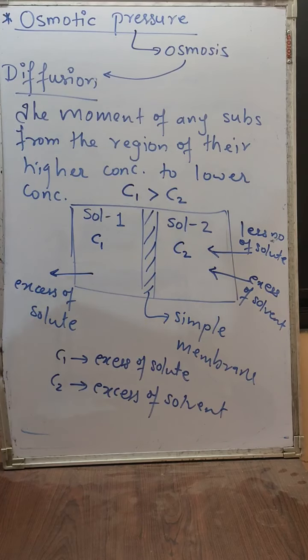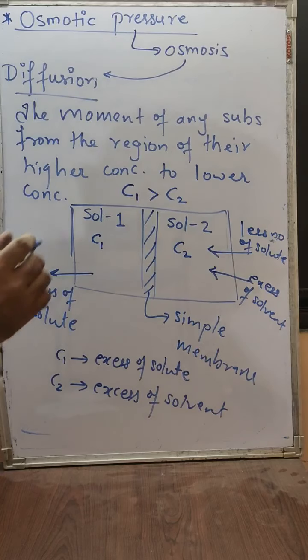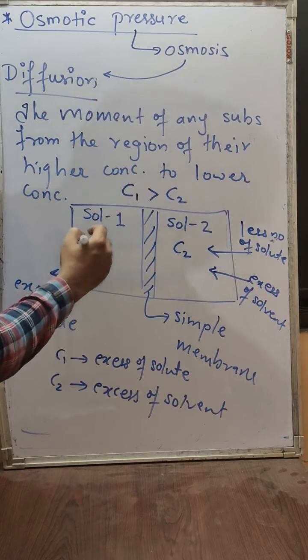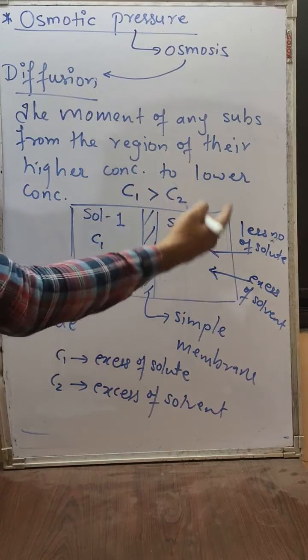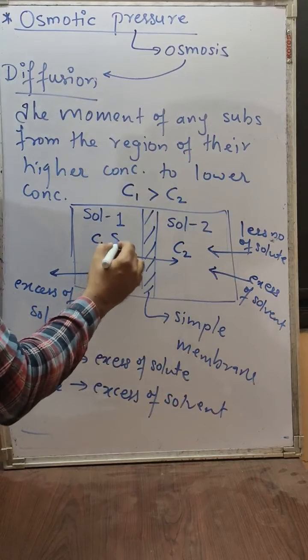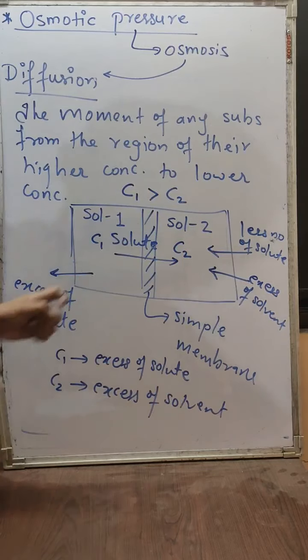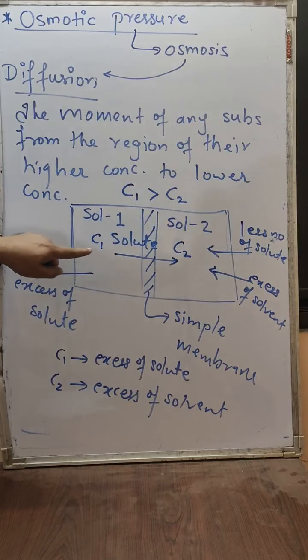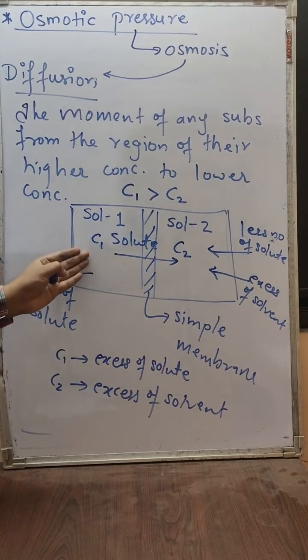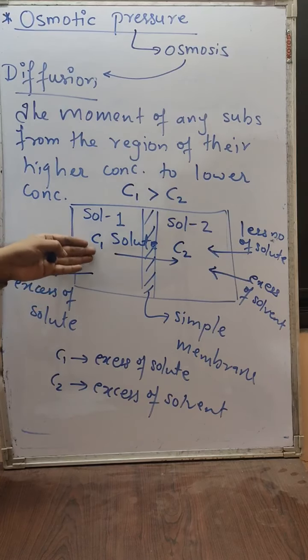So as per the definition, what is diffusion? The movement of any substance from their higher concentration. So here from concentration C1 to C2, or solution 1 to 2, what will flow? There will be a flow of solute from C1 to C2 because the concentration of solid is in excess in C1. So there is a flow of solid molecules from C1 to C2.